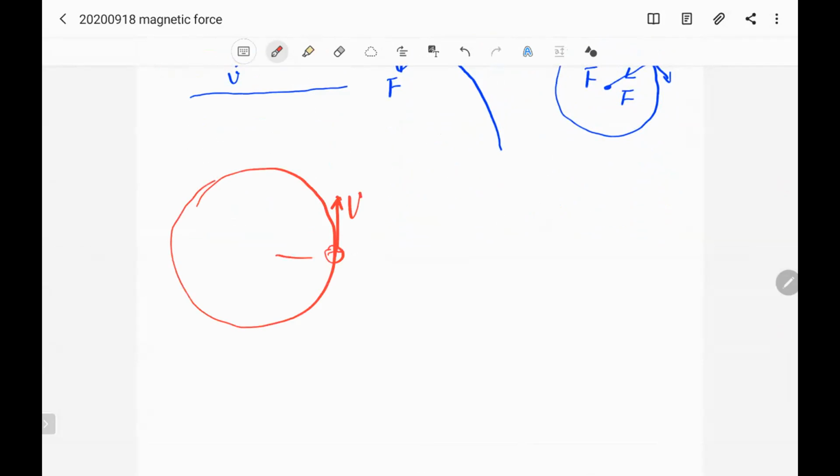Velocity goes up, the force goes inside, and we can write down the centripetal force to maintain this circular motion. It is proportional to the mass of the charge, proportional to the velocity squared over the radius. And the centripetal force is provided by the magnetic force.